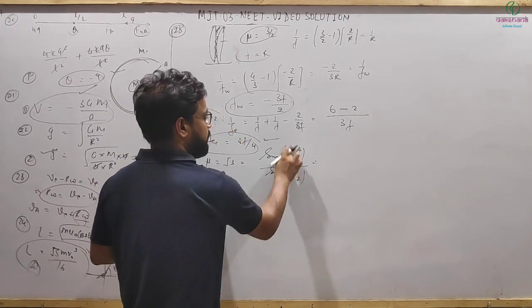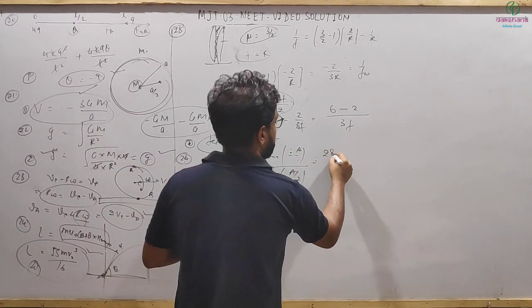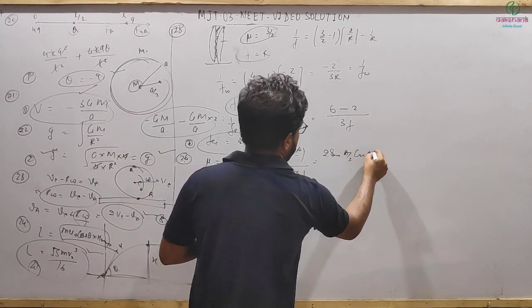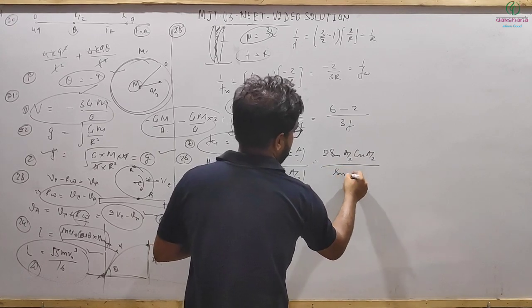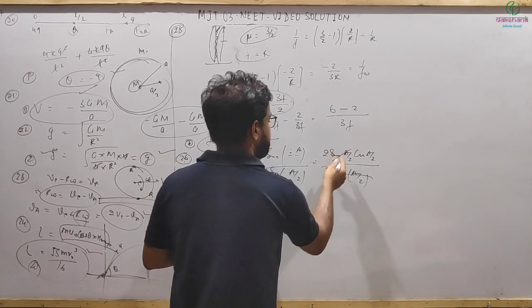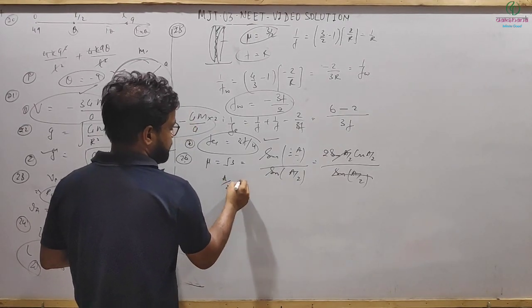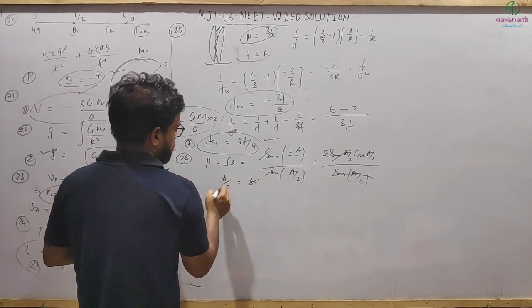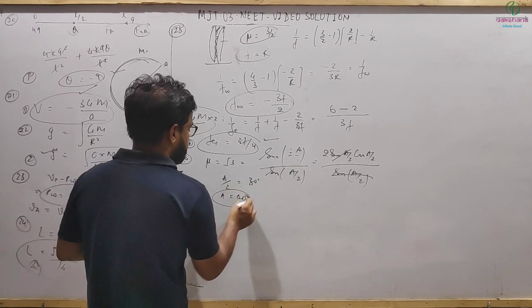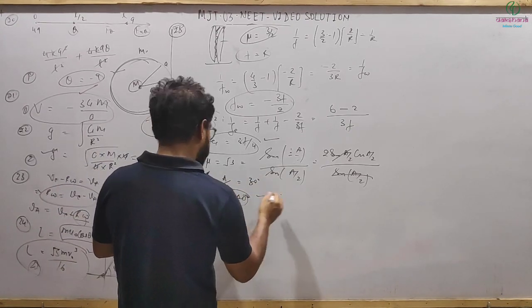It can be like 2 sine A by 2 cos A by 2 over sine A by 2. Cancel. So root 3 by 2 equals cos A by 2. So A by 2 is equal to 30 degree. A is equal to 60 degree is the answer, matching with option number 4.